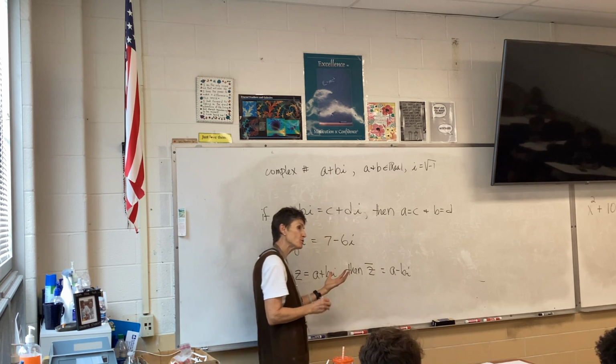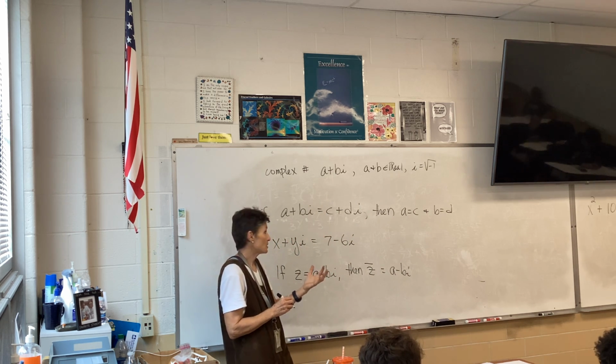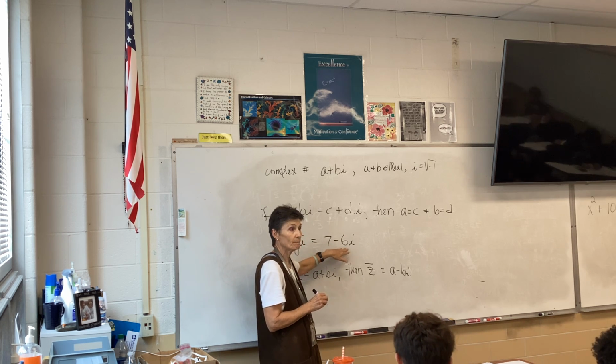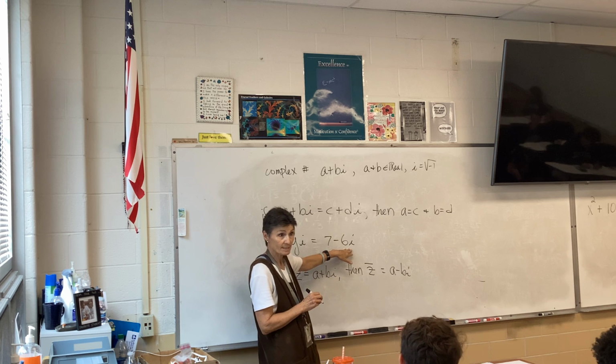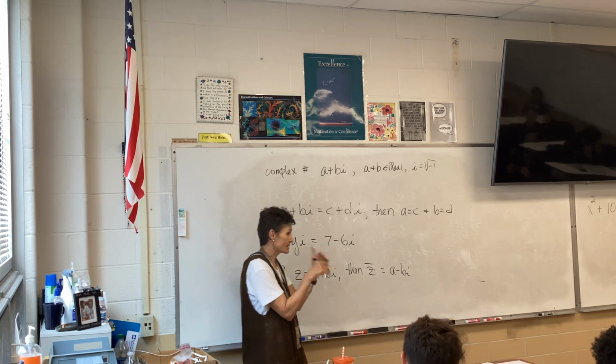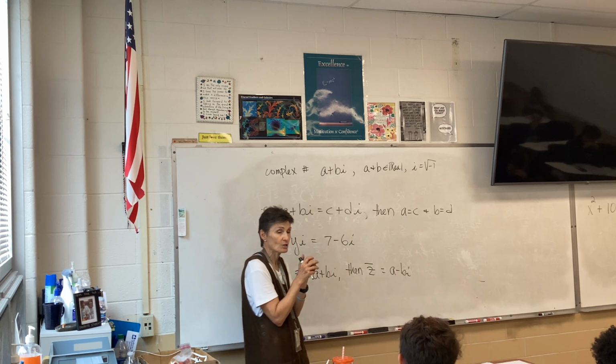So you probably knew that already. The conjugate of 7 minus 6i would be 7 plus 6i. So when you write a conjugate, the middle sign changes, the i part changes.